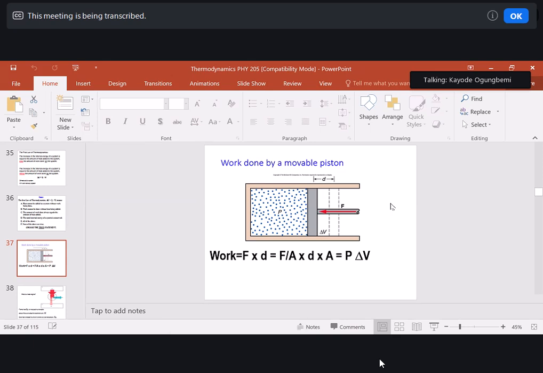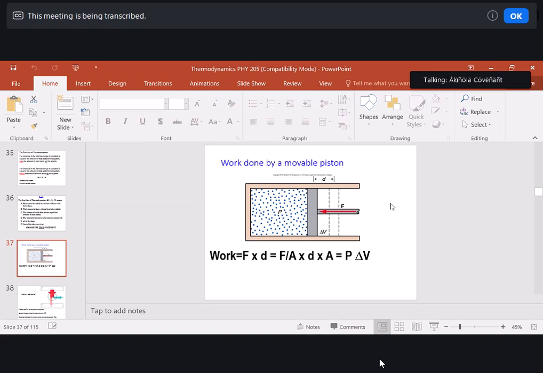So length and breadth will give you the area, okay? So we know that if you multiply the force by area and divide by area, you have not done anything. Am I correct?